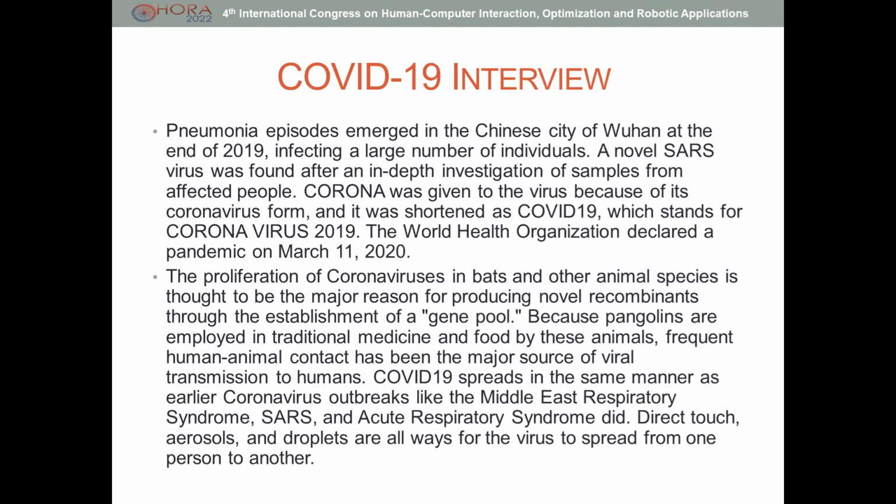A lot of people have this virus. It is known as corona because it looks like a crown. It is the same family as SARS but with another shape.